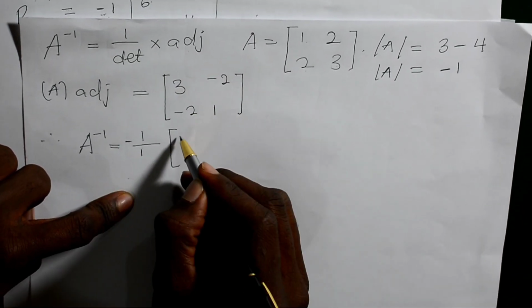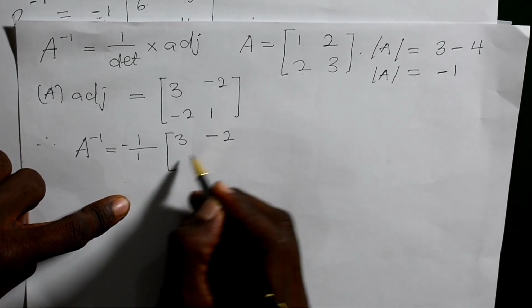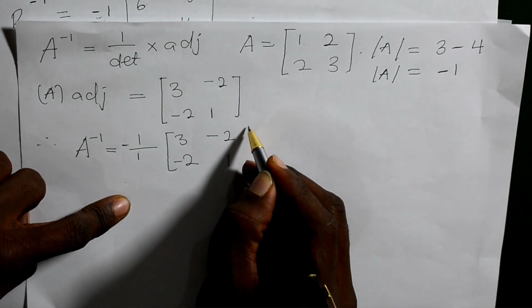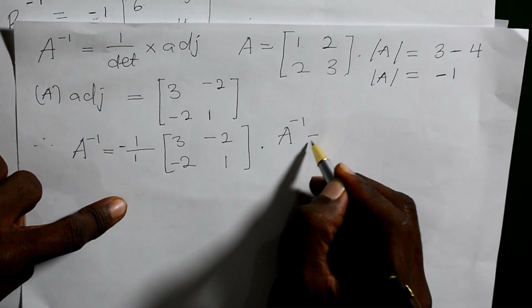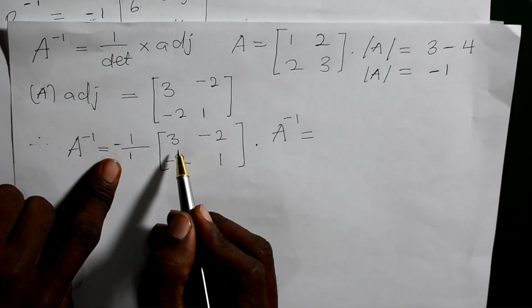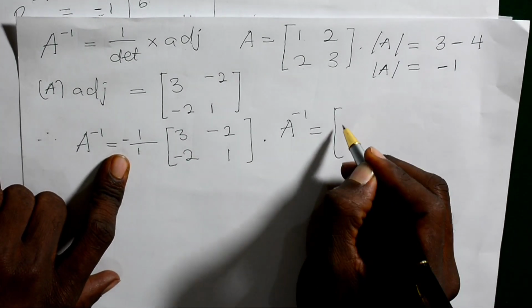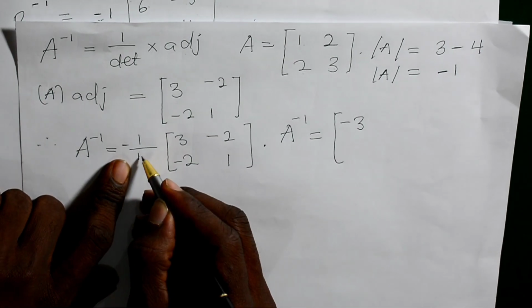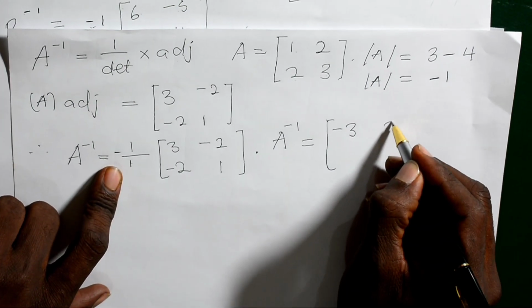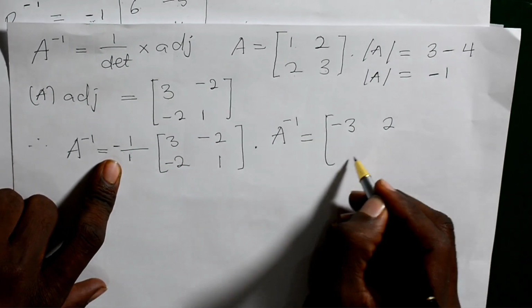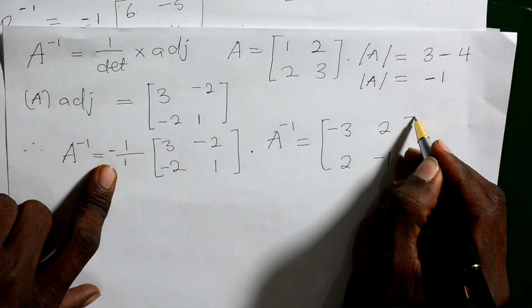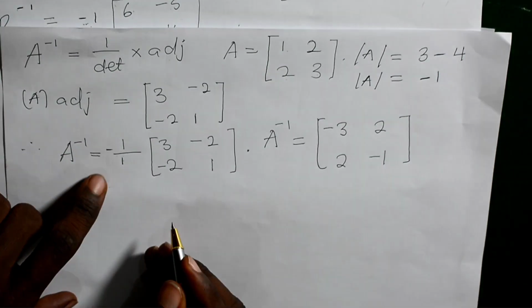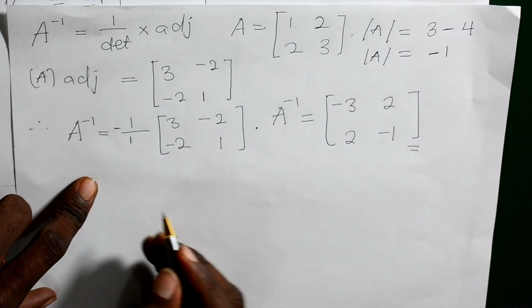This is 3, minus 2, minus 2 and 1. So now A inverse will be equal to this times this, that is minus 3. Minus 1 times minus 2, that is 2. Minus 1 times minus 2, 2. Minus 1 times 1, minus 1. So this is A inverse.